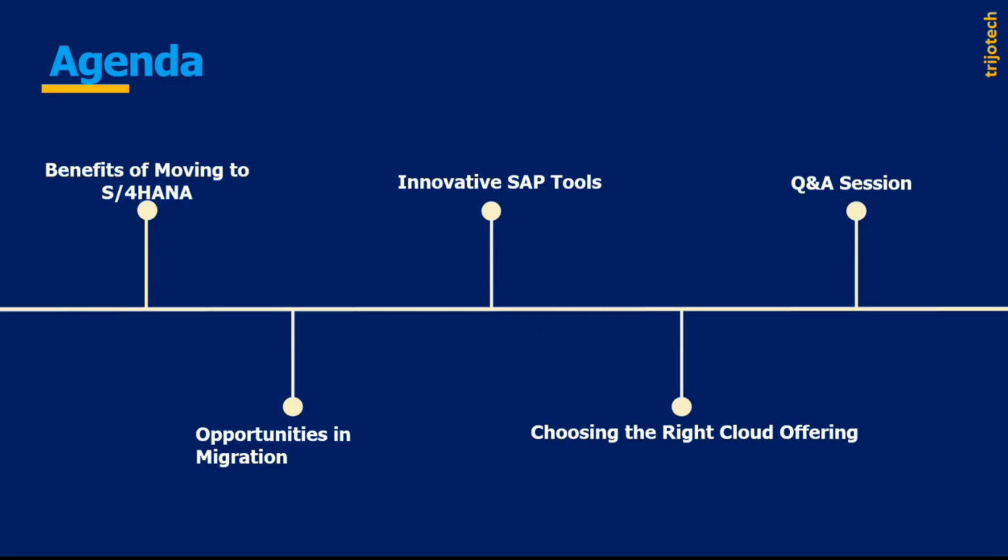So, a brief overview of the agenda. First, what are the benefits we are going to get when we go for S/4HANA? When you are an ECC user and you go for an S/4HANA transformation, what are you going to get out of it? Then, what are the opportunities we can leverage if we go for S/4HANA migration?